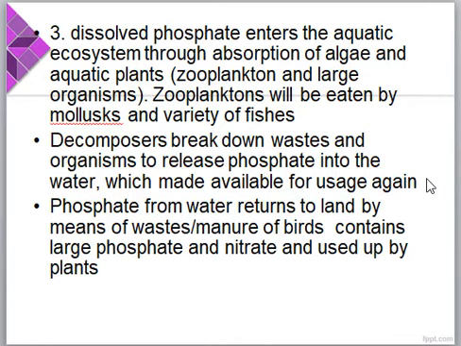And remember that there are aquatic plants that may use up the phosphate in the water already. The phosphate from water returns to the land by means of wastes or manures of birds that contain large phosphate and nitrate and are used up by plants. How? Because birds, remember, eat these fishes that eat zooplanktons that are rich in phosphate.